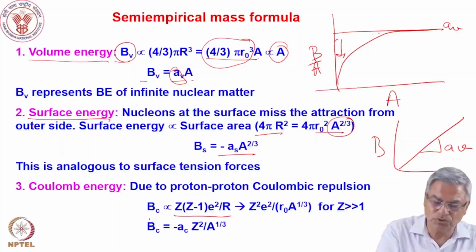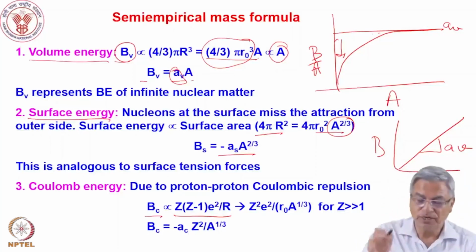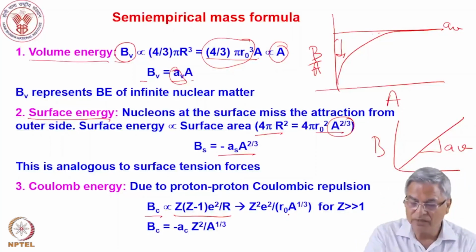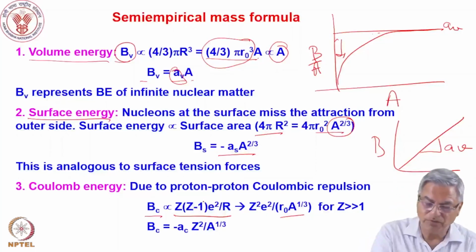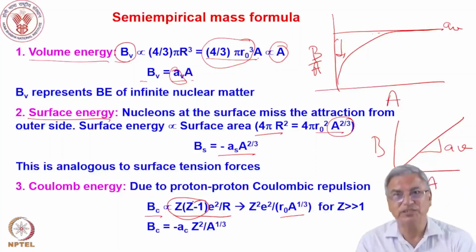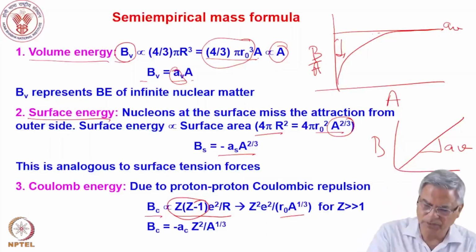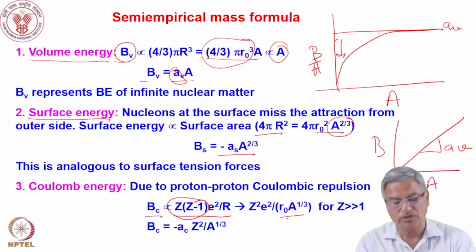This is proportional to V_C, the Coulomb energy term. So you can now substitute for R0 A raised to 1/3, and particularly when Z is very large compared to 1, then Z minus 1 is Z. So it becomes Z squared e squared upon R0 A to the power 1/3.